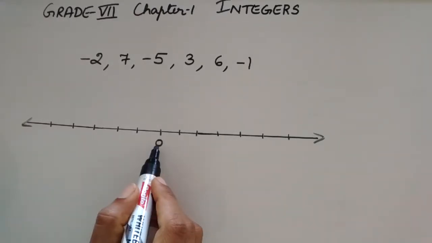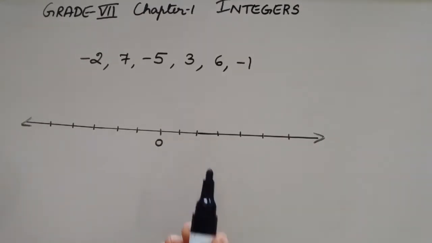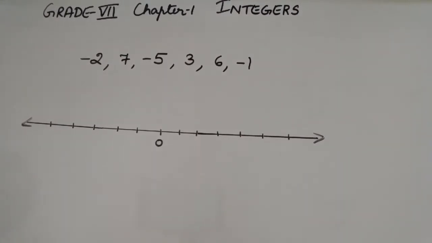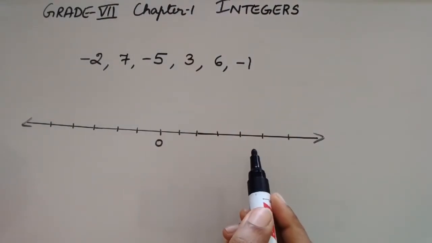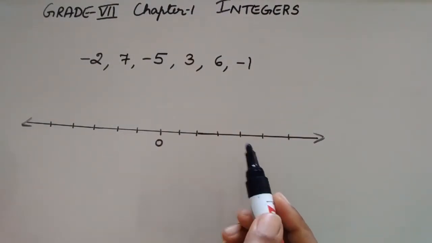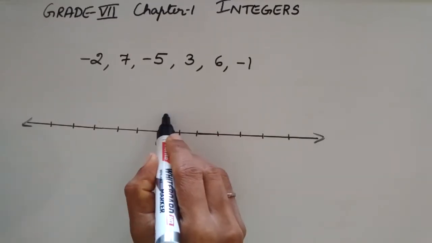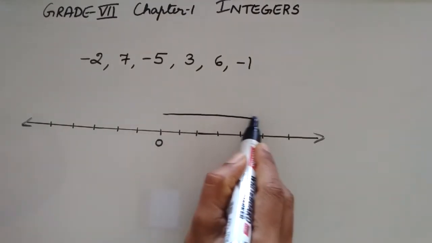So as we all know, integers are the collection of numbers which contain the whole numbers and the negative numbers. And we find these whole numbers on the right side, isn't it, students? That is here, this part we find here.